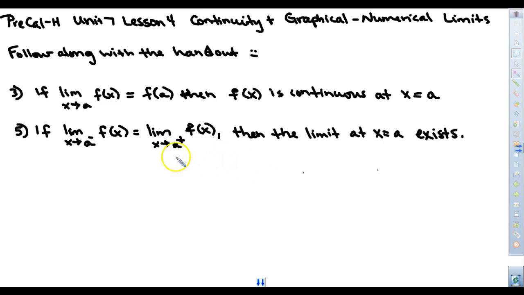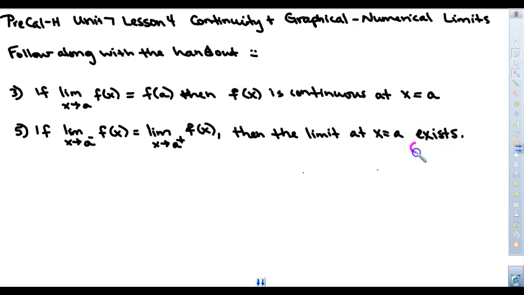All right. Number 5, if the limit of f of x as x approaches a from the left, that superscript of a negative means you're approaching a from the left side of the graph, is equal to the limit of f of x as x approaches a from the right, the superscript of plus means you're approaching a from the right side of your graph, then the limit at x equals a actually exists.